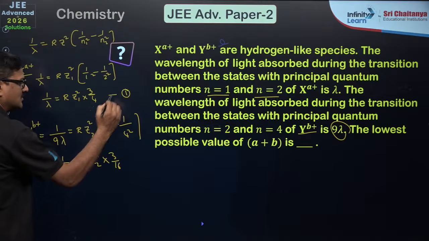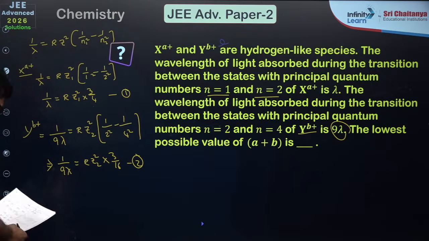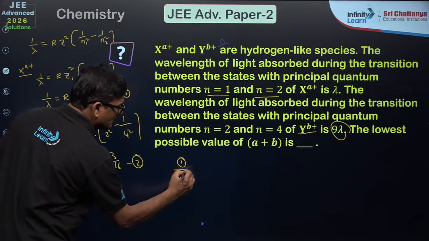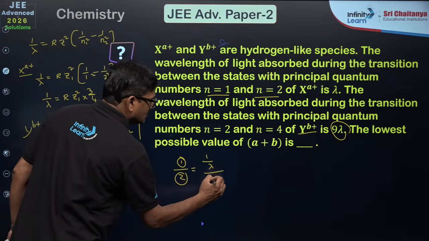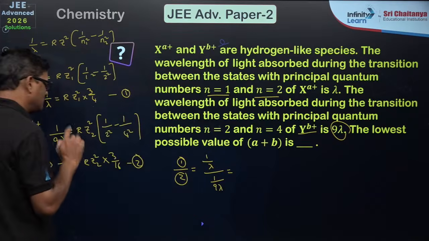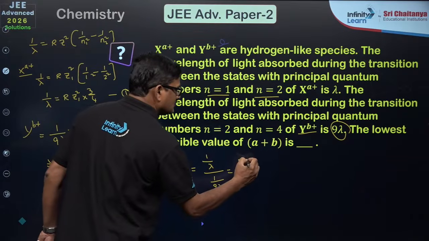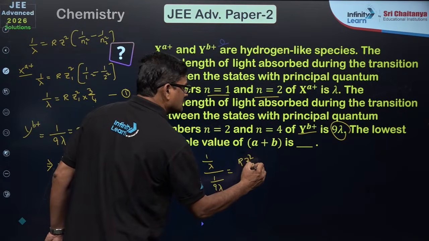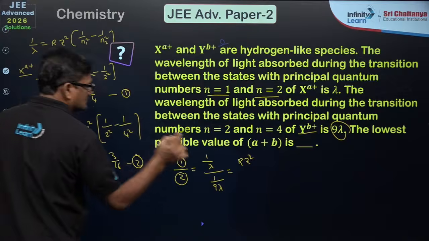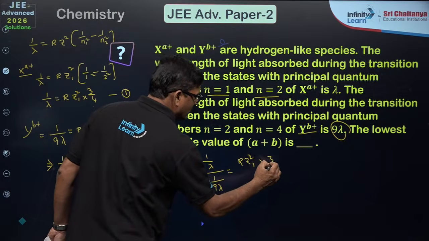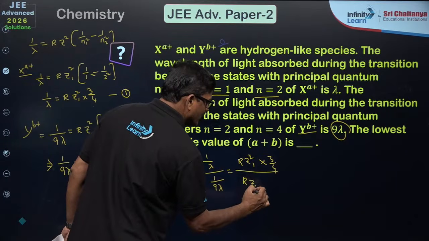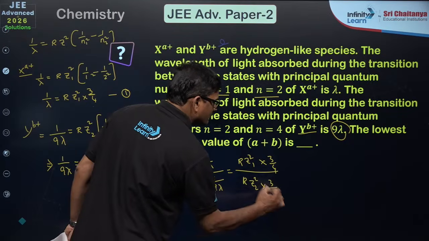By taking equation 1 and equation 2, equation 1 upon equation 2 is 1 by lambda over 1 by 9 lambda, which is equal to R Z1 square into 3 by 4 over R Z2 square into 3 by 16.